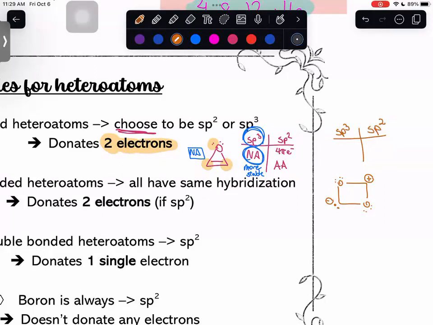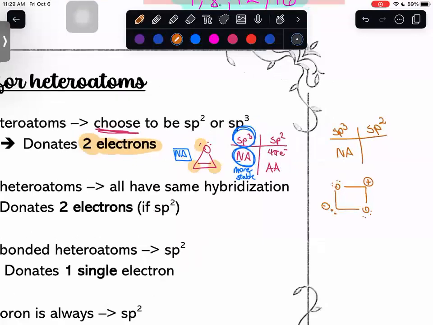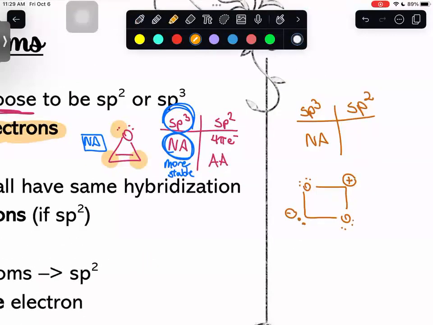If both oxygens choose to be sp3, is it going to be fully conjugated? No. So that means that we're breaking one of the 4 rules, which means that the system is non-aromatic. If they're both sp2, it's aromatic, not anti-aromatic. If it's sp2, how many pi electrons do we see?